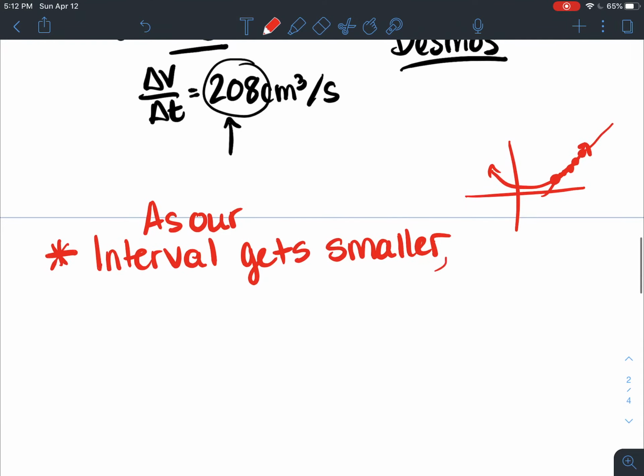So as your interval gets smaller, it gets closer to the slope of the tangent.